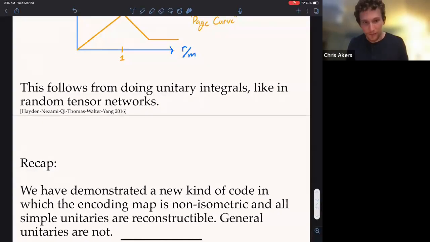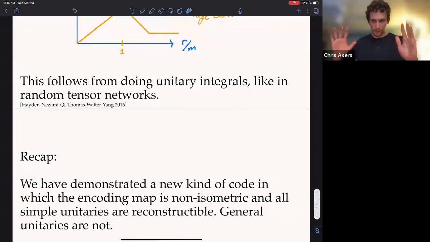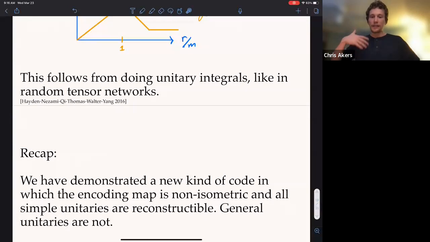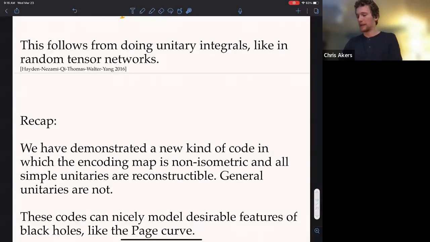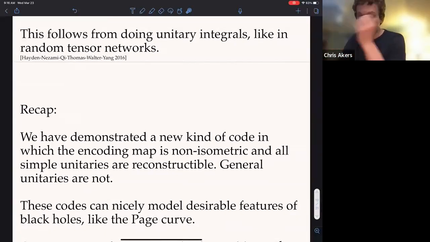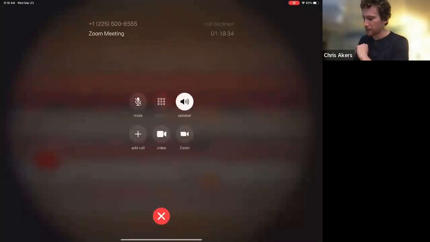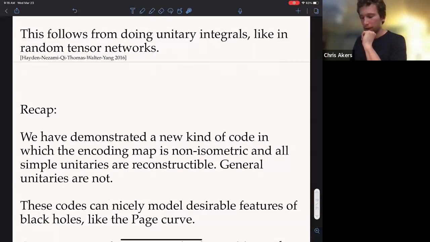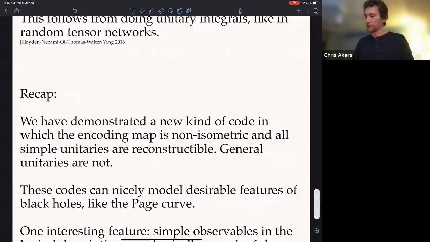But to recap, we have demonstrated a new kind of code. So this was the main theorem. We demonstrated a new kind of code in which the encoding map is non-isometric and all simple unitaries are reconstructible, but general unitaries are not if they have arbitrary complexity. And moreover, these codes can nicely model desirable features of black holes, like the page curve.